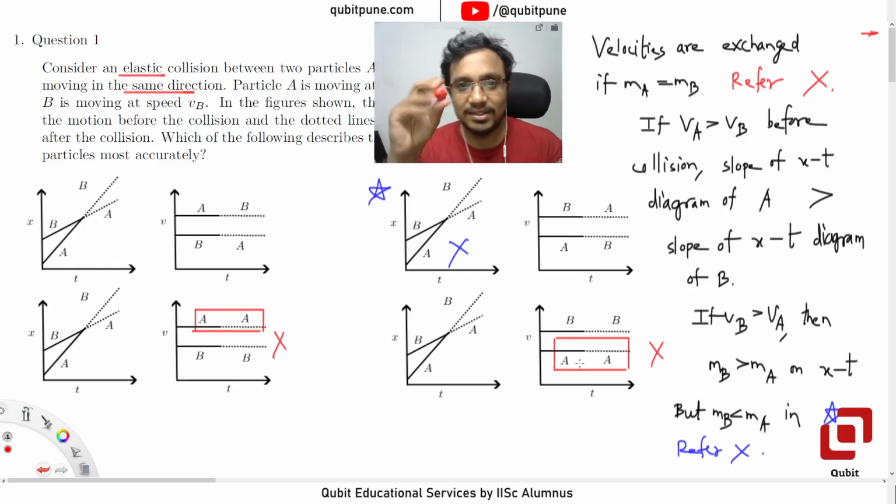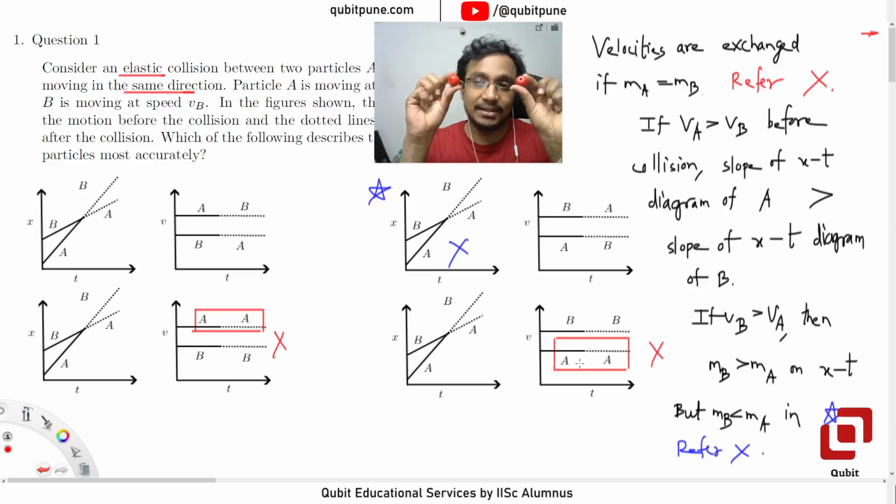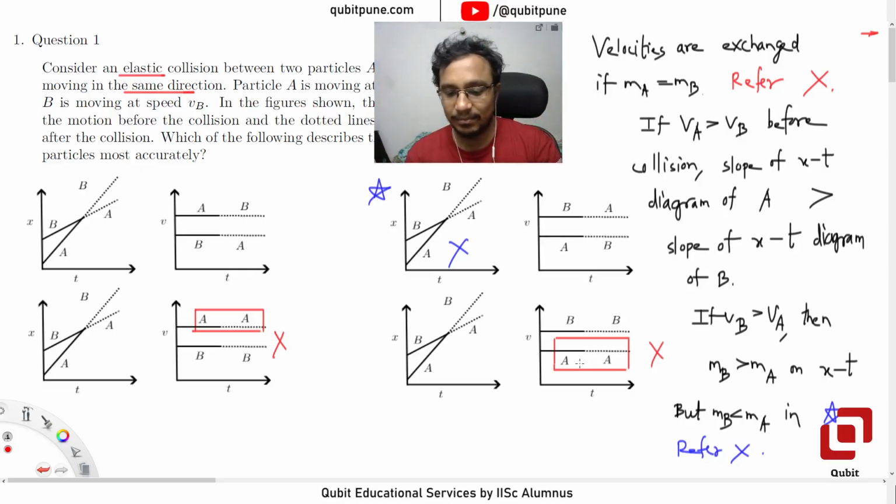Yeah, so suppose this is A and this is B. I said VA greater than VB, so it's like this, right? And then the other one became faster, the first one became slower. अभी आपको ये समझ लेना चाहिए कि वेलोसिटी जो होती है वो हमेशा स्लोप होता है XT डायग्राम का.